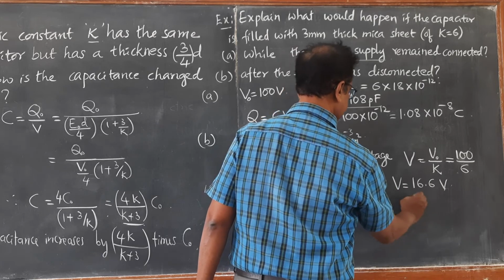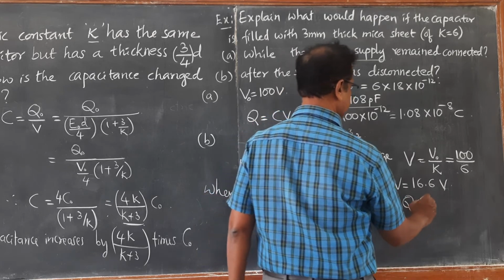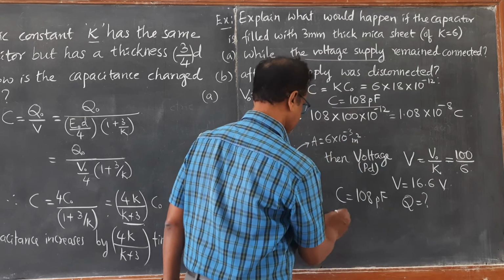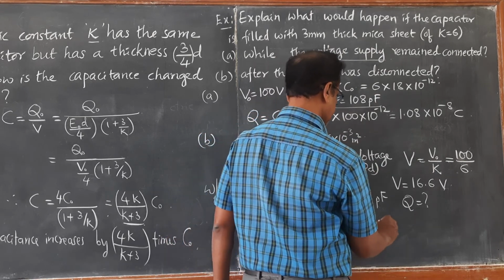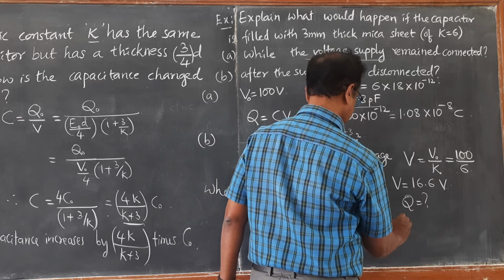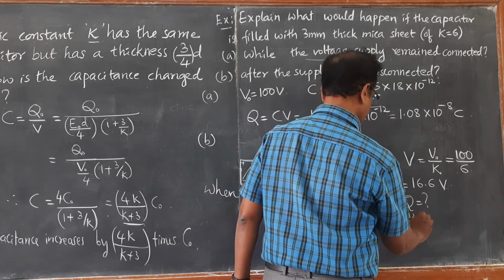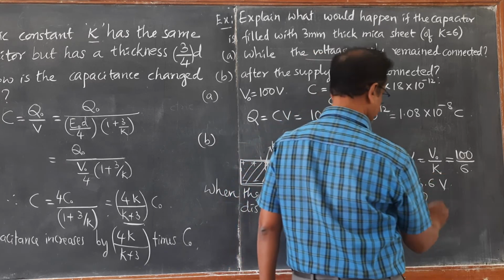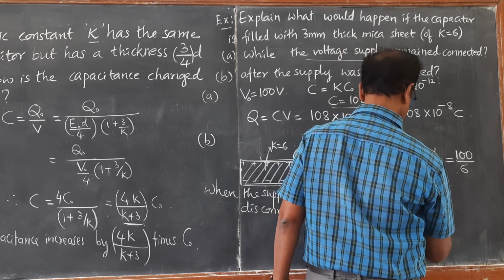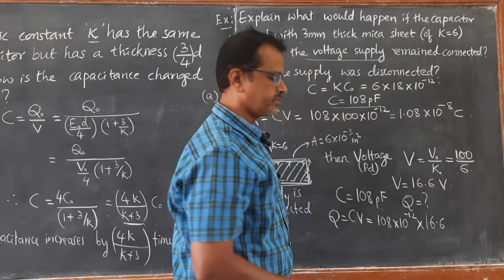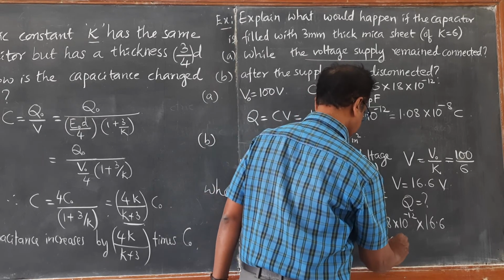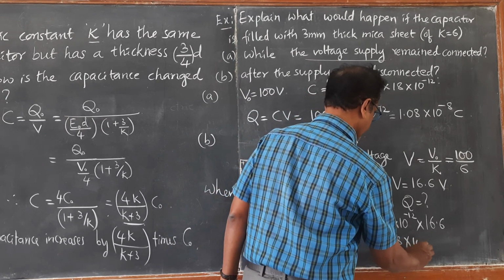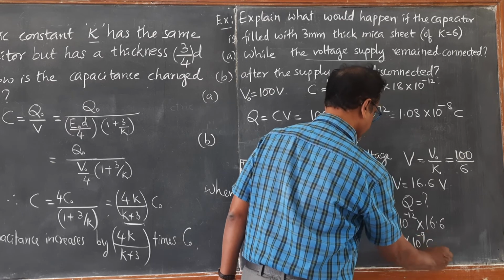So what is the net charge? Net charge Q is equal to CV, 108 into 10 raised to minus 12 into 16.6. If you work it out, this comes out to be 1.08 into 10 to the power of minus 9 coulomb.